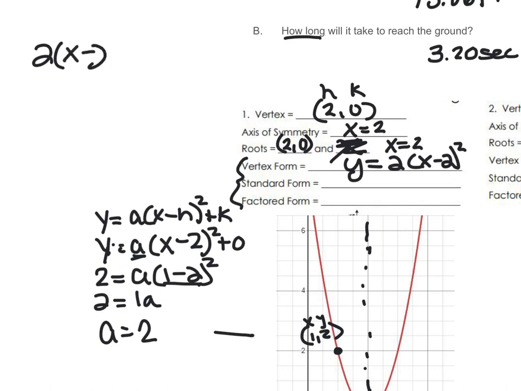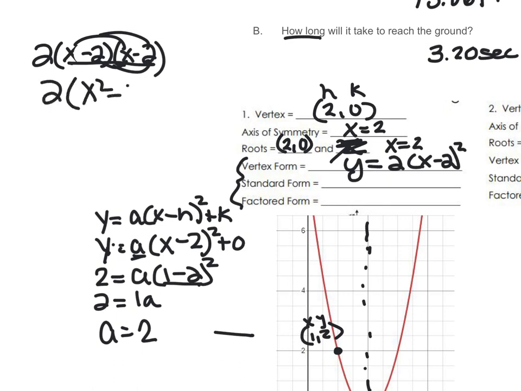So that'd be x minus 2 times x minus 2. So let's work this part. Multiply your binomials by distributing, right? So you get 2 times x squared minus 4x plus 4.